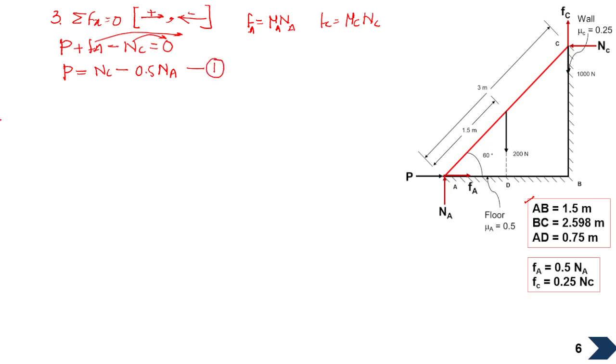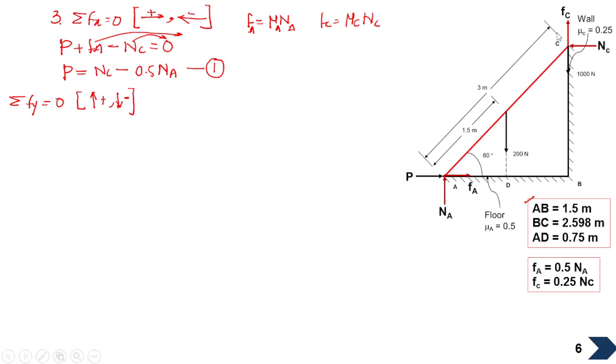Okay, now we can apply the second condition of equilibrium, which is nothing but sigma Fy is equals to 0. Here we'll assume the sign of convention as upward as positive and downward as negative. You can assume otherwise also, but you should follow that. Now we have vertical forces as Na, 200, 1000 and Fc.